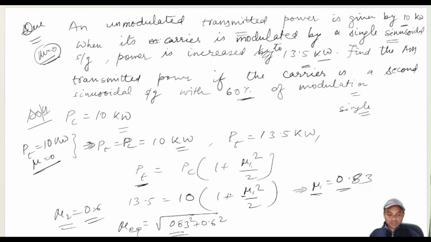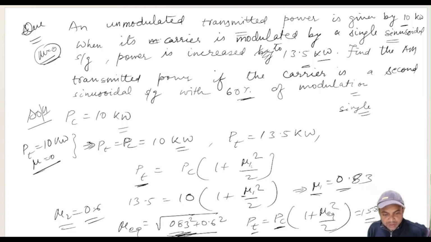Then PT is equal to PC into 1 plus mu equivalent square divided by 2. Putting the values here, PC we already know, then we can calculate PT, which will be approximately 15.8 kilowatt. I hope there is no doubt in this problem. Everything is clear. Okay, we are going to the next topic.